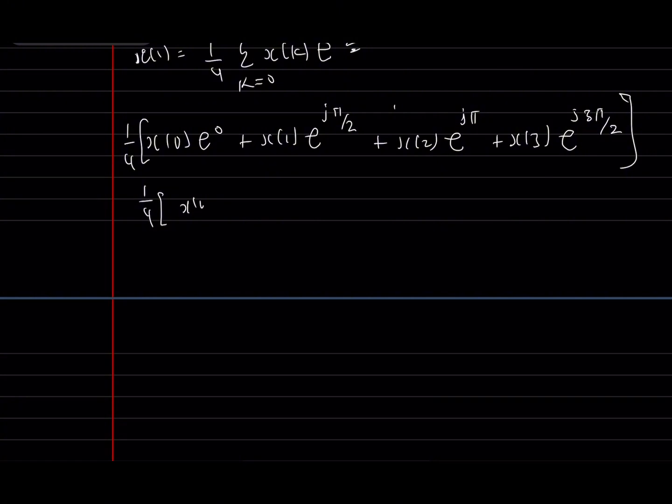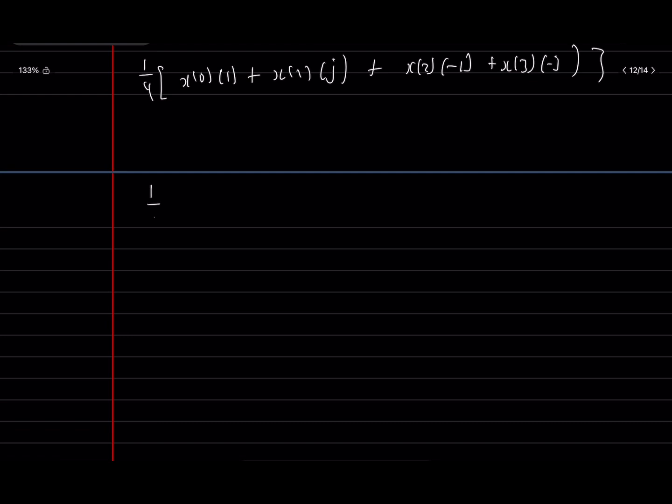X of 0 times exponent 0 will give us 1, plus X of 1 times the exponent, which will give us j, plus X of 2 times the exponent, which will give us minus 1, and then plus X of 3 times the exponent, which will give us minus j. Based on this, we can simplify it as 1 over 4.